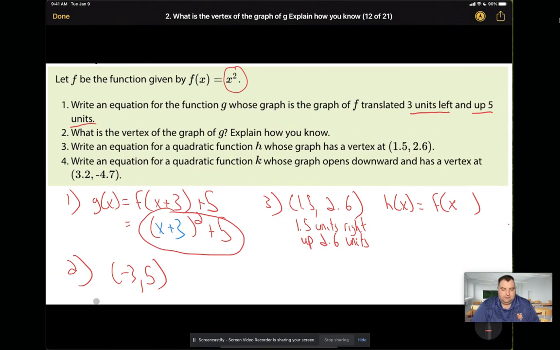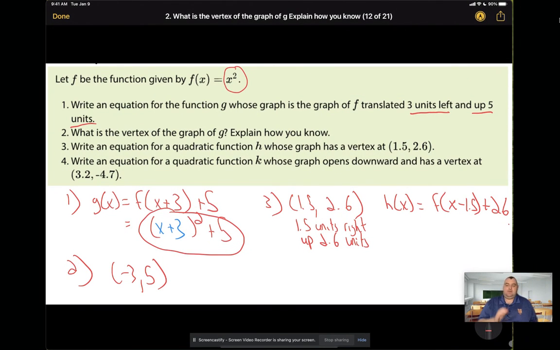1.5 units right, I have to do the opposite of it, so that's going to be minus 1.5, opposite inside the parentheses. And then for the vertical one, I don't do the opposite and put that outside the parentheses. So plus 2.6.